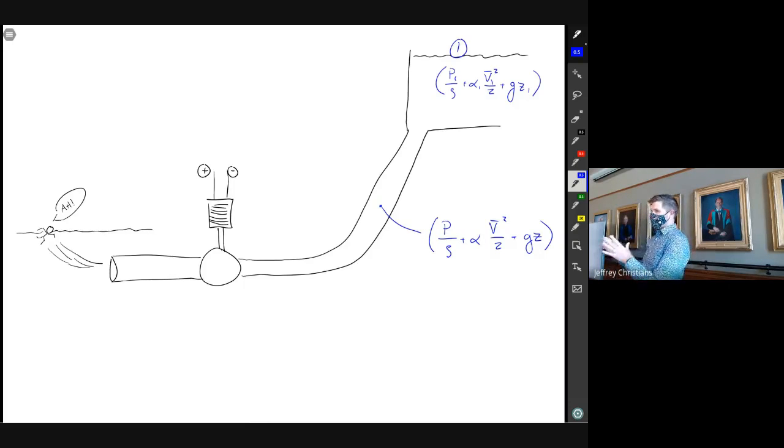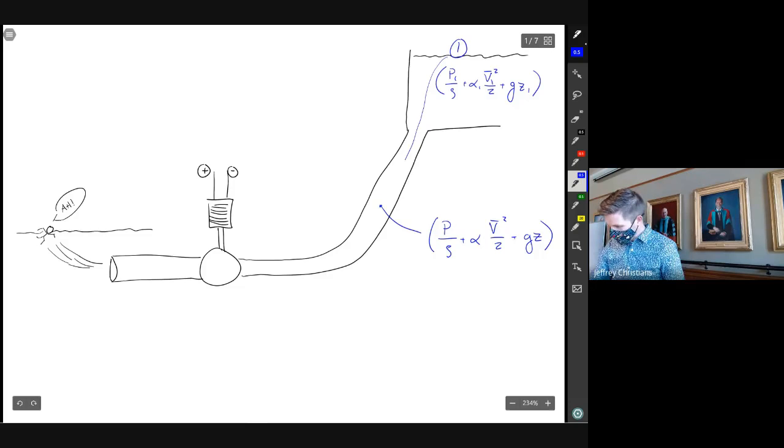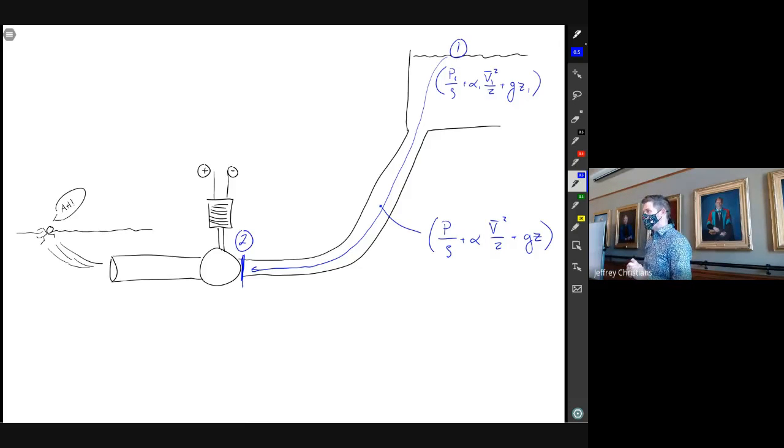Then we can watch that fluid as it moves from location 1 down our channel. Say the next time we want to take a look at it is right there at 2. How much energy do we now have at 2? All of the energy that we had at 1 minus anything that we lost from friction.